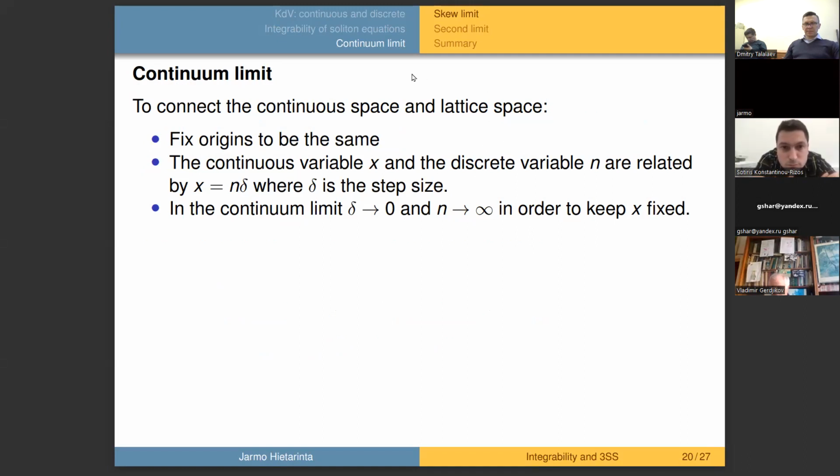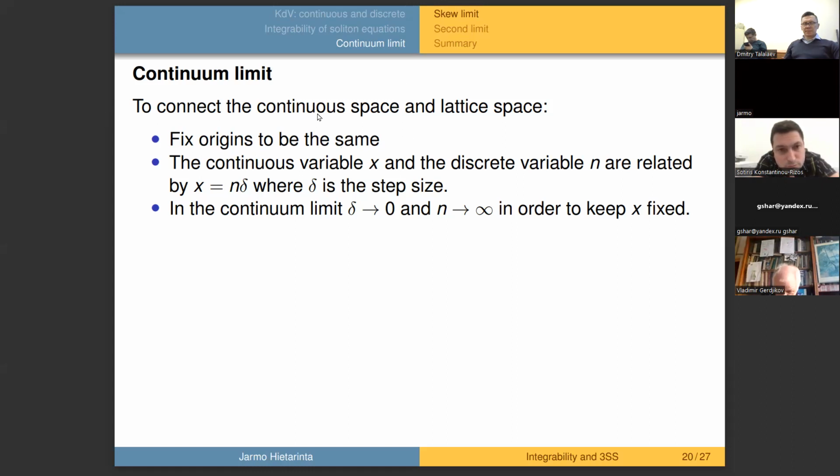Because from the equation we get a lattice, what happens if we take a continuum limit of the lattice equation? Should we get the same equation back? I think that would be nice to have. So we have to be careful in doing this continuum limit.